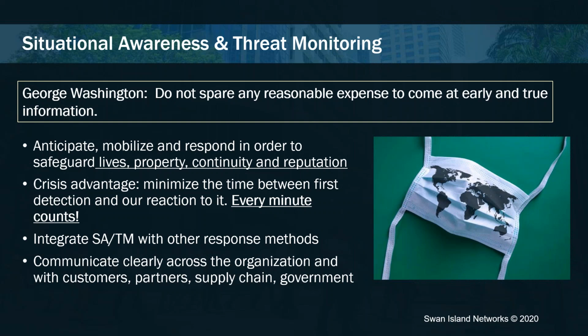So examples of this would be incident management tools, a unified command system, and mass notification. And of course, very important to communicate clearly across the organization and with customers, partners, supply chain, and even the government. And you'll want to share targeted versions of information to those different groups, depending on the sensitivity level and their relationship.